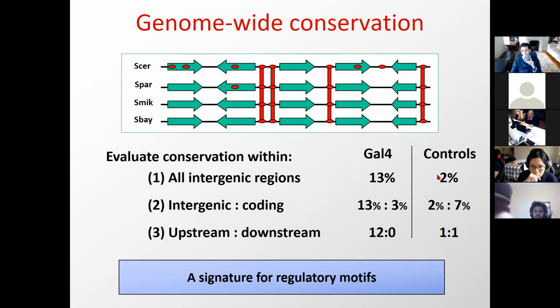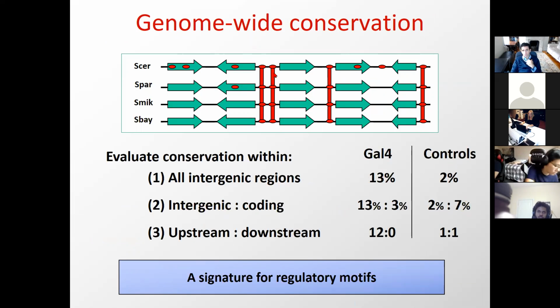And that's one signature, the intergenic region preferential conservation. Another signature is the bias to be preferentially conserved within intergenic regions rather than within coding regions, whereas random motifs are more conserved within protein coding regions because protein coding regions are generally more frequently conserved.